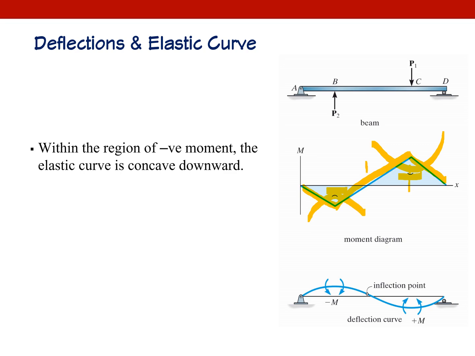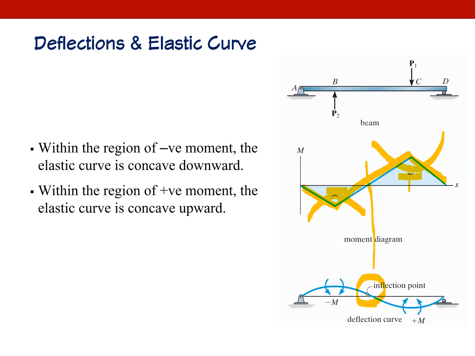And where the sign of the bending moment diagram switches from negative to positive, or positive to negative, there will be an inflection point. We discussed inflection points before, so let me skip that.